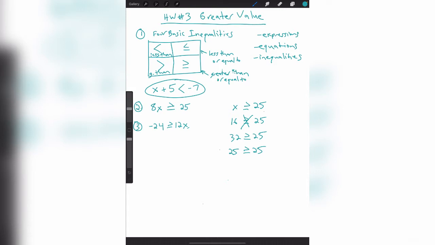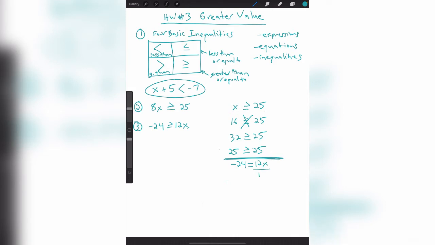And what you want to do is just like any other equation, like imagine that it would say negative 24 is equal to 12x. You would just solve it just like you would with this equation, right? Let's just say this was the new problem.